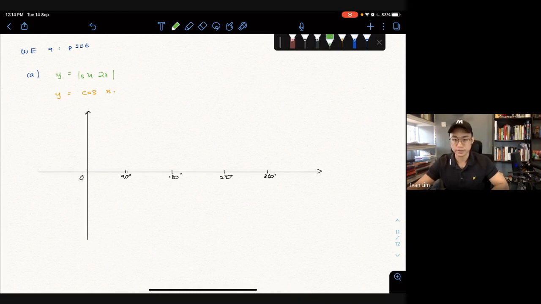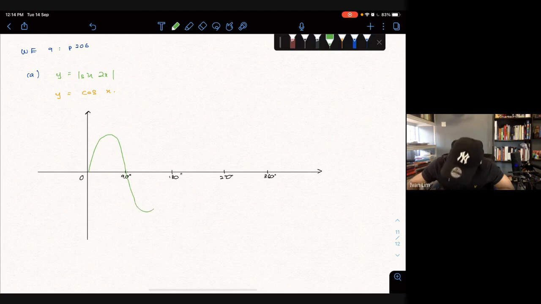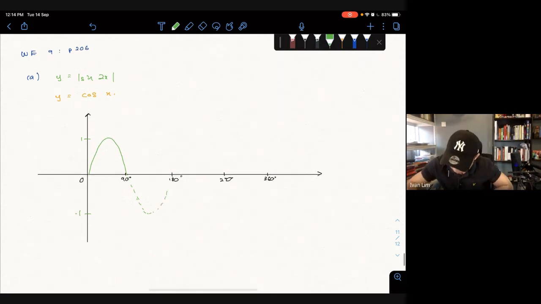Okay, just sine 2x itself. So right now, it looks something like this. Okay, this is my original one. Probably a bit lower. 1 and -1.